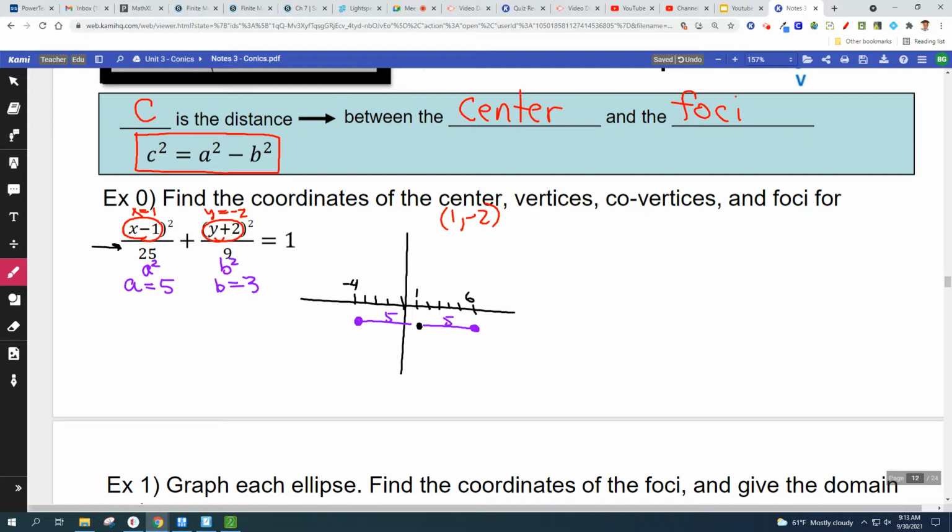So I can see right now that my vertices are going to have the coordinates (-4, -2) and (6, -2). Those are the vertices.